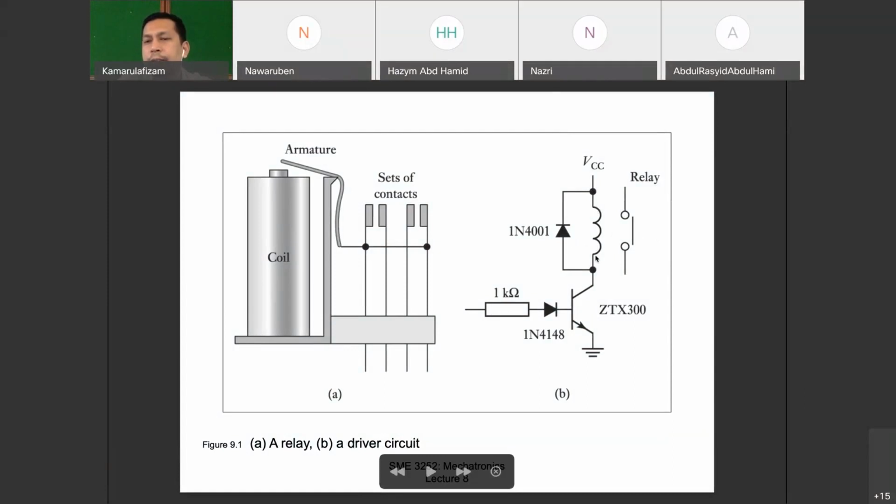Relay boleh jalan tanpa diode basically, but you need a diode to prevent back EMF yang akan damage the other circuit, because bila you ada satu switching ataupun contact point, macam wire to wire, bila dia macam tapping, actually dia create some kind of EMF.